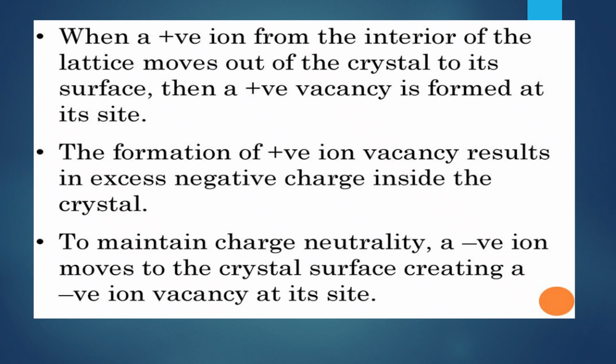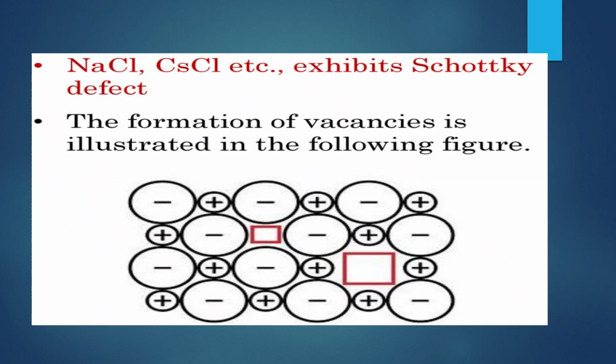To maintain charge neutrality, a negative ion moves to the crystal surface, creating a negative ion vacancy at its site. Schottky defect may occur when positively charged ions and negatively charged ions leave their lattice sites, creating vacancies. In a crystal structure, they reduce the density of the crystal.